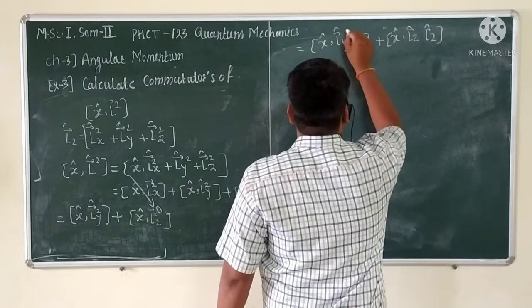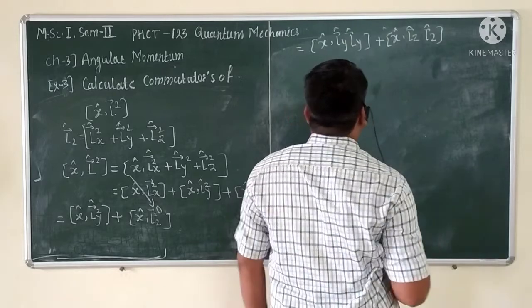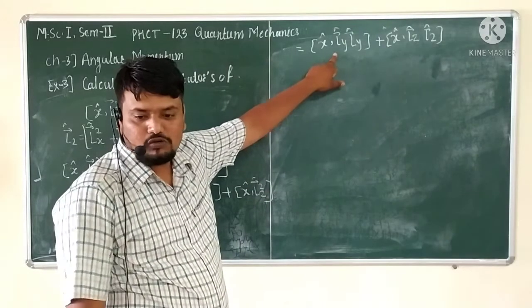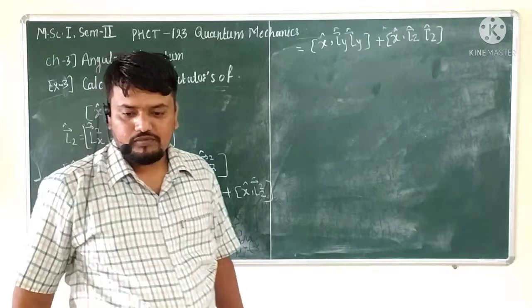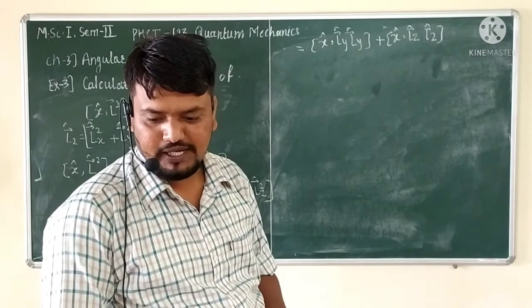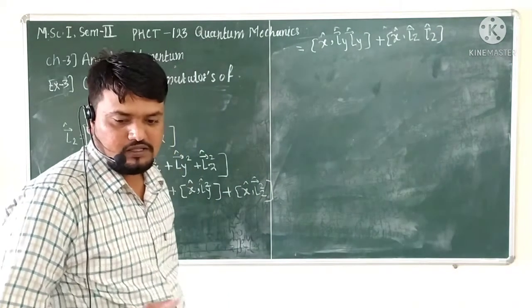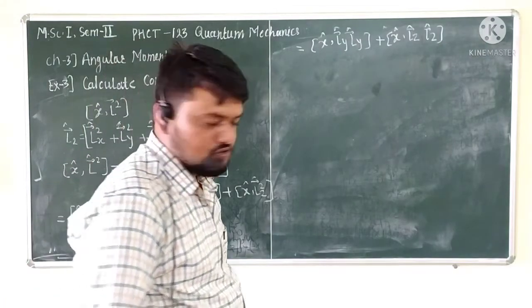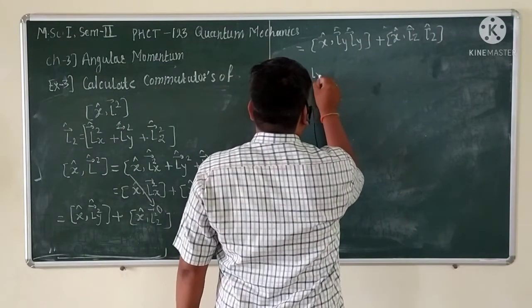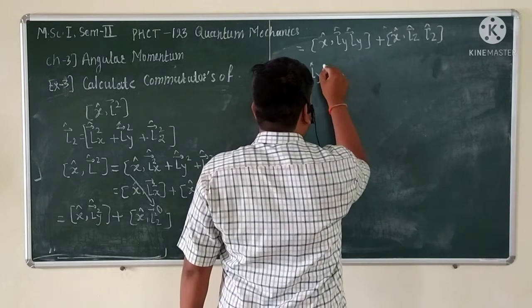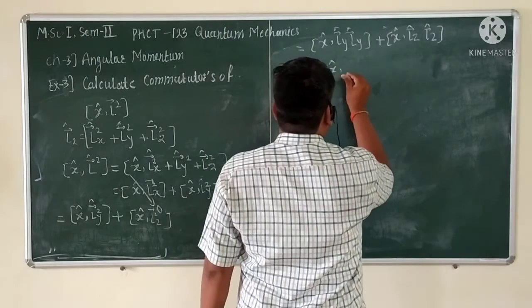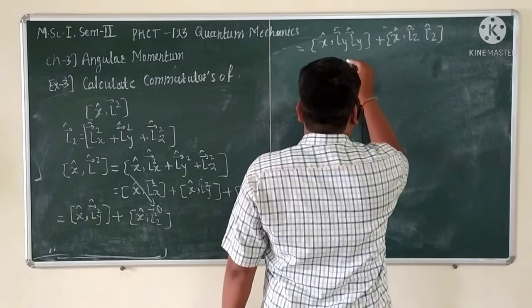again split this commutator bracket, so this Ly is taken outside, and solve this bracket. So what result will become here? Okay, Ly is taken first of all outside, so Ly cap times the bracket x cap comma Ly cap.